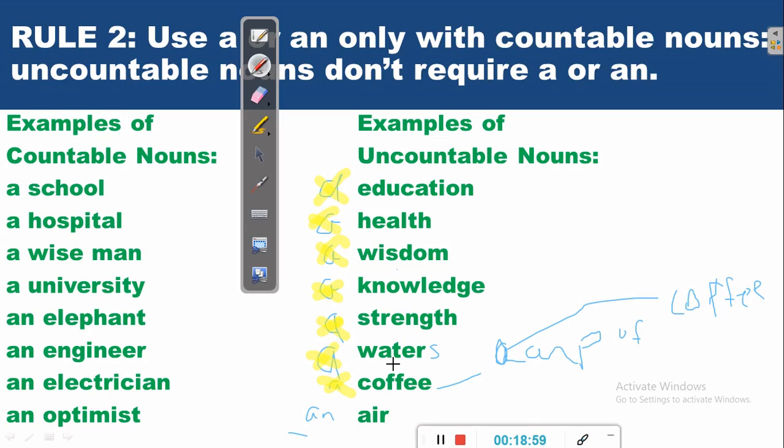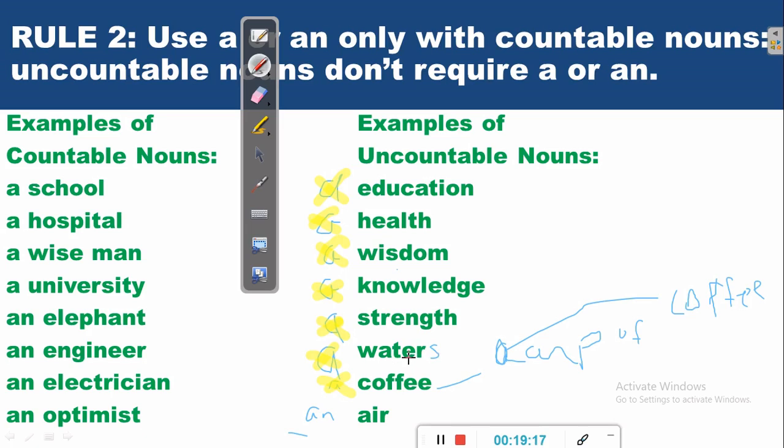So different sources of water such as rivers, oceans, seas, lakes, streams, all the various types of water, the various sources of water can be referred to as waters.